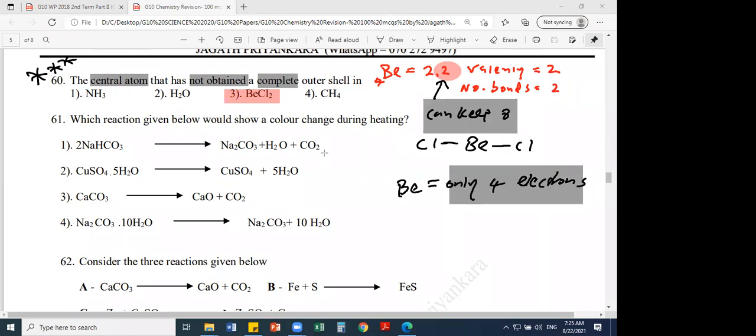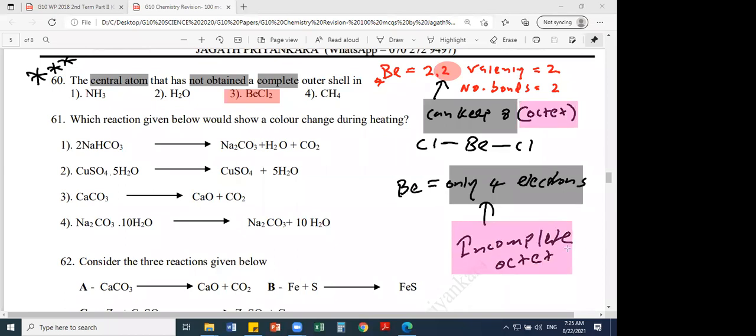Therefore, we call it incomplete octet. 8 means octet, but here it's an incomplete octet. Is that clear? This is called incomplete octet. That's the reason. Please underline both of these: octet highlight, incomplete octet highlight.